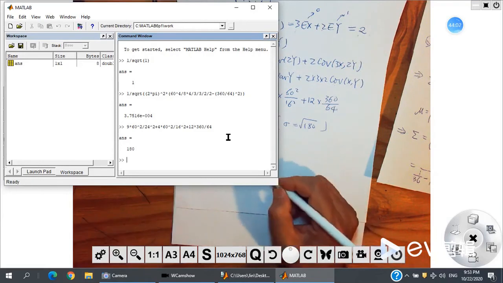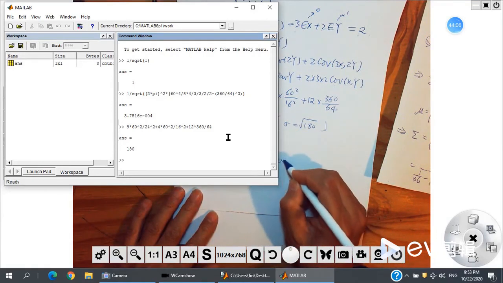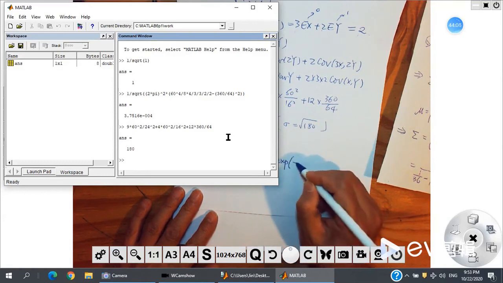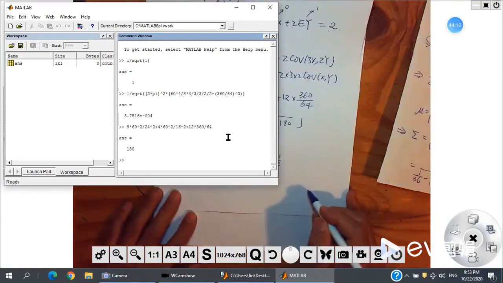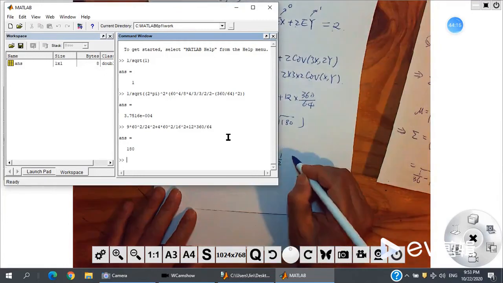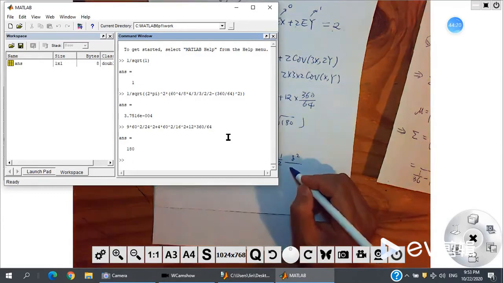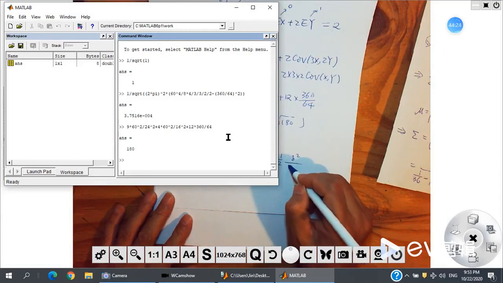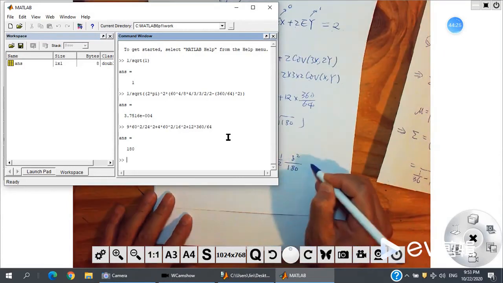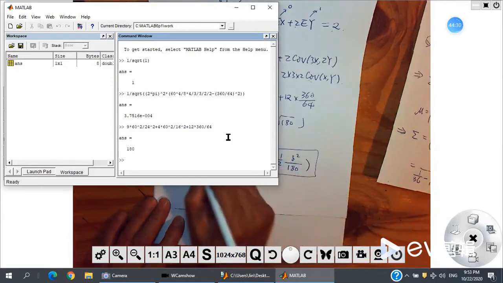You can also move it out, that will be sigma. And then the exponential power is minus 1/2 times z square over sigma square. Sigma square is 180.